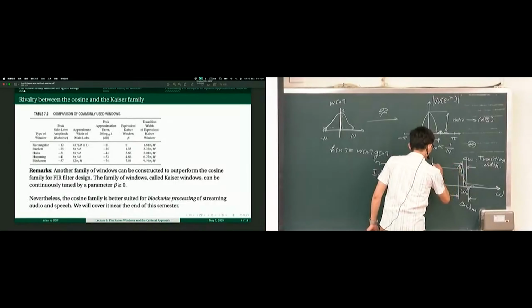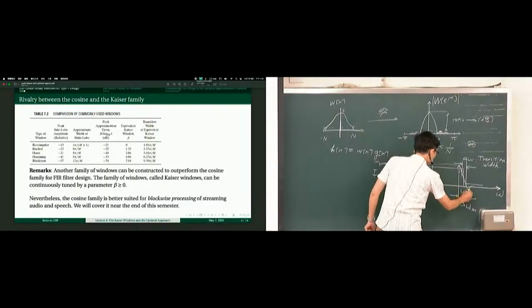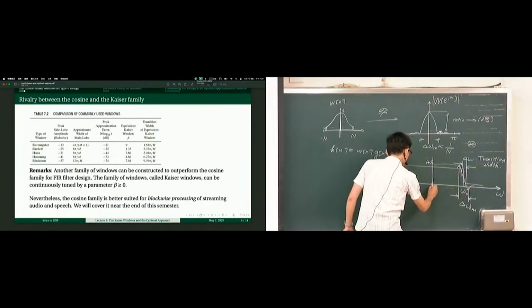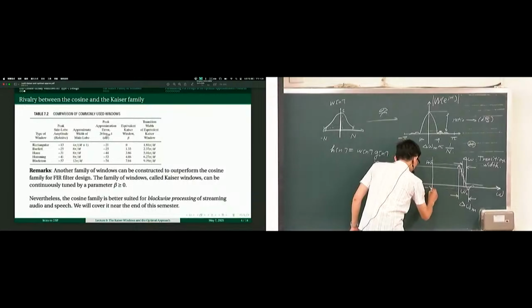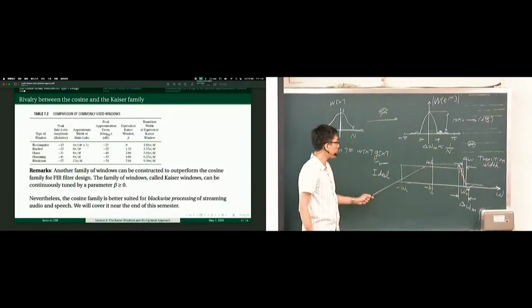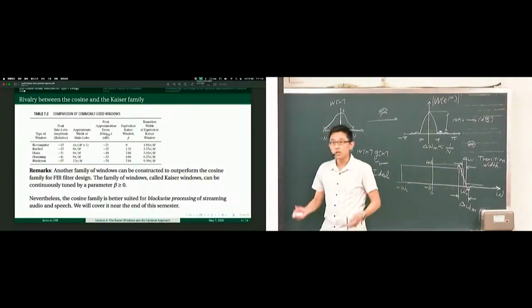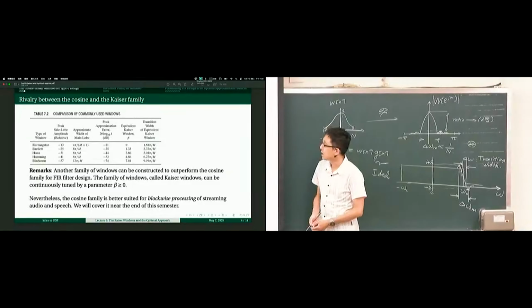That's one plus delta, and this must be minus delta. The most positive point is 1 plus delta, and the response goes down all the way to minus delta, monotonically decreasing in the transition region.